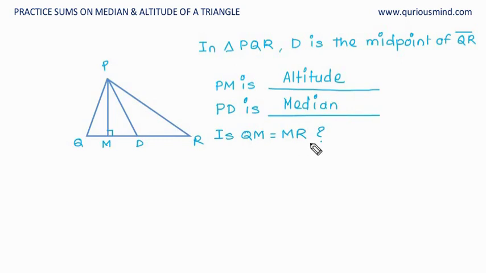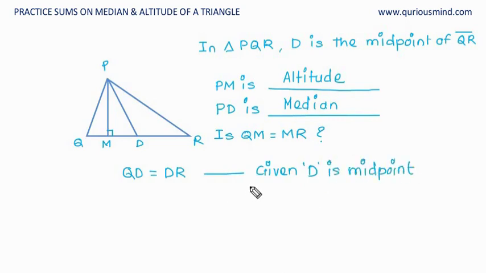Now, is QM equal to MR? So let's look at it. We know D is the midpoint, and hence QD is equal to DR. Reason? Given point D is the midpoint.